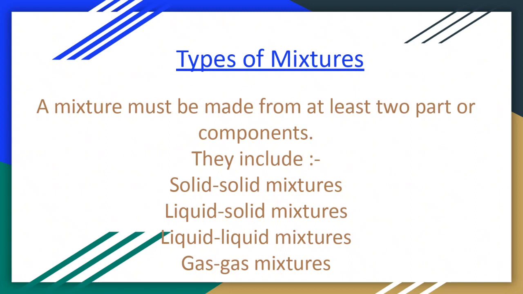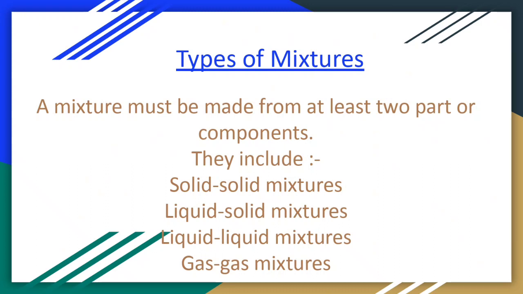Air is a mixture of so many gases. And apart from the gases, we also have dust particles, which represent solids. We also have water vapor, which represents liquid. So air is a very good example of a situation whereby the three states of matter appear mixed together.